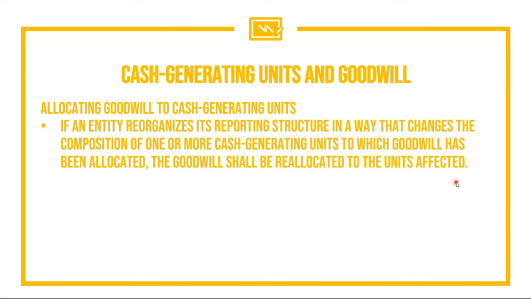And then during the current period, you made a restructuring and you made a different grouping already of CGU. So what are you going to do? You simply reallocate the goodwill based on the new groupings. You get the values of the CGUs, pro rata, get the fraction, and then you multiply it with the goodwill for you to get the goodwill associated with the CGUs based on the new groupings.